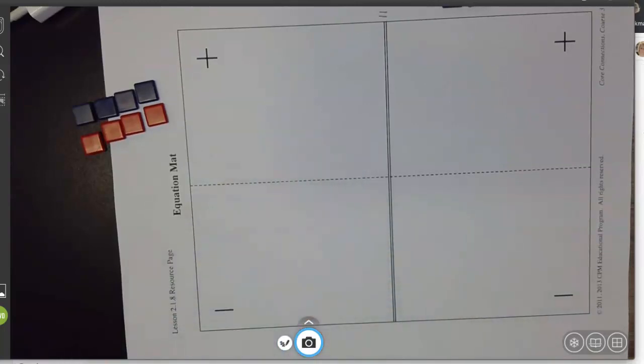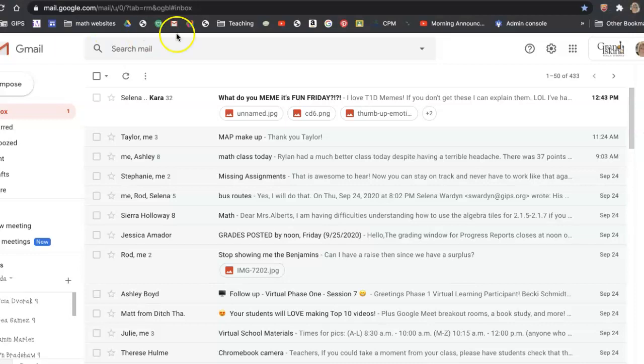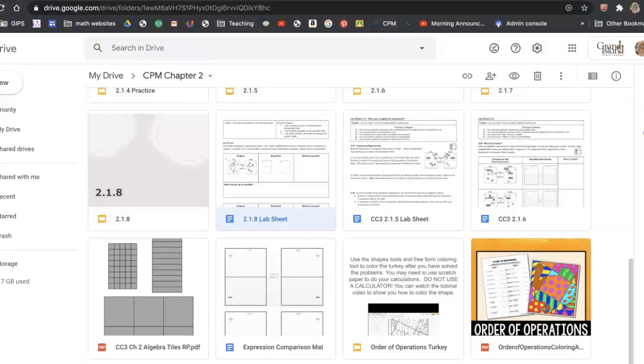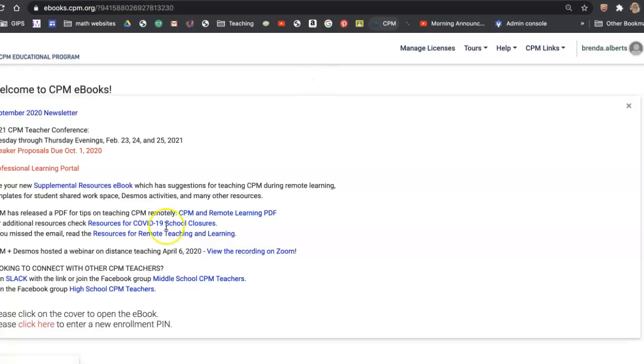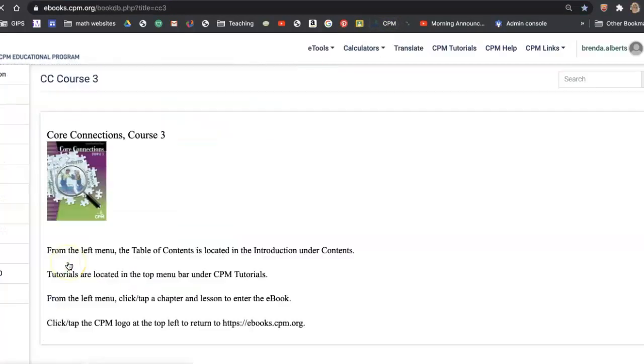If we want to look at how that looks in eTools, remember that is in your CPM book. So you have to open your ebook. Then you're going to go up here to the eTools.